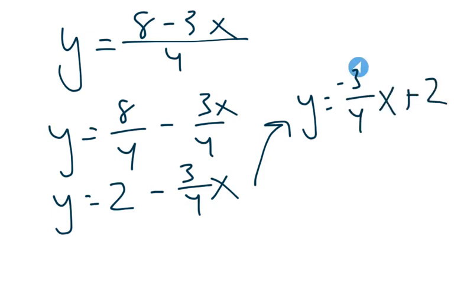So I would have -3/4 as my slope, that's down 4, right, or down 3, right 4, and then my y-intercept would be 2. Again, this is correct. This is better if you're going to graph it. So just read the directions.